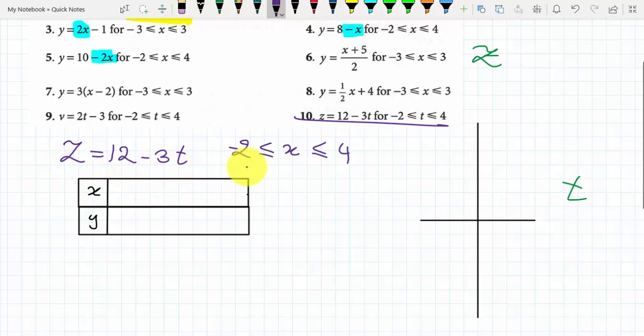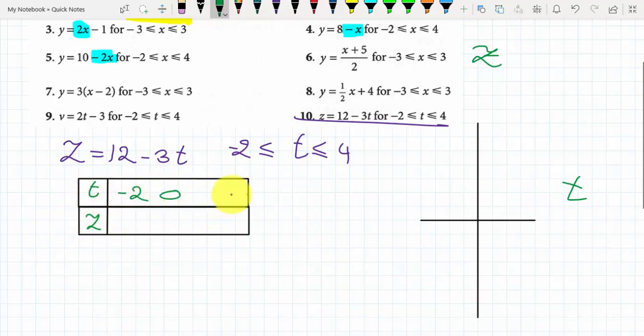Okay, we're gonna pick some numbers in place of t, there's no x, we shouldn't use x, it's t. Okay, we're gonna pick some numbers instead of t, and we work out the z for it. This is t, this is z.